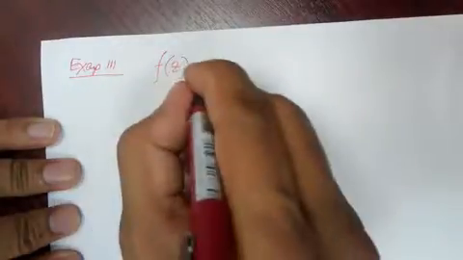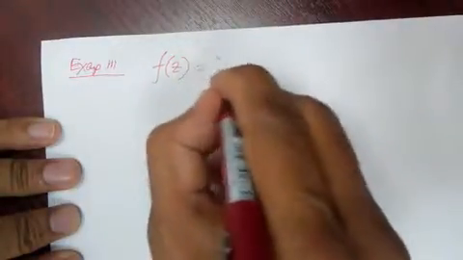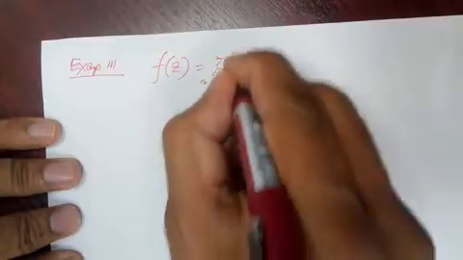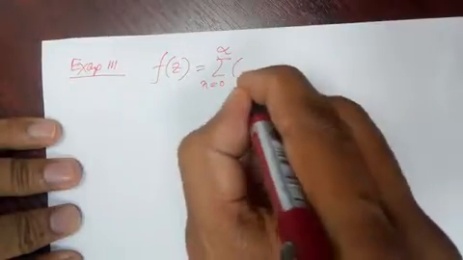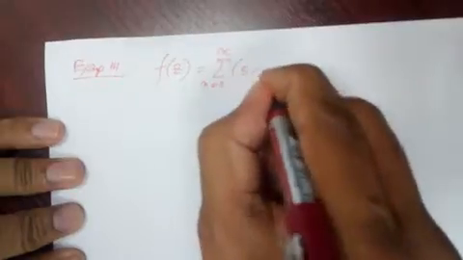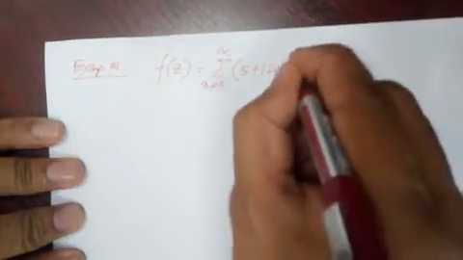Let's say this is another complex series, the sum from n equals 0 to infinity of (5 plus 12i) to the power n times z to the power n.